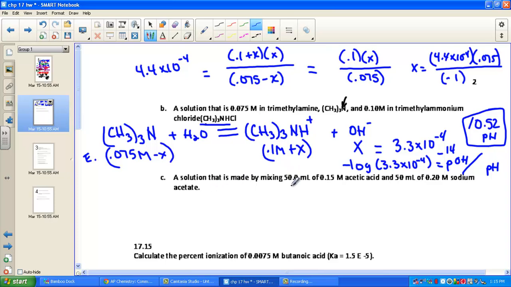Here we have a solution made by mixing 50 mils of a 0.1 molar acetic acid with 50 mils of 0.2 molar sodium acetate. Why are we given those volumes and not the volumes of the other solutions? Any ideas? Think that through for a minute. Why would we be given volumes here?